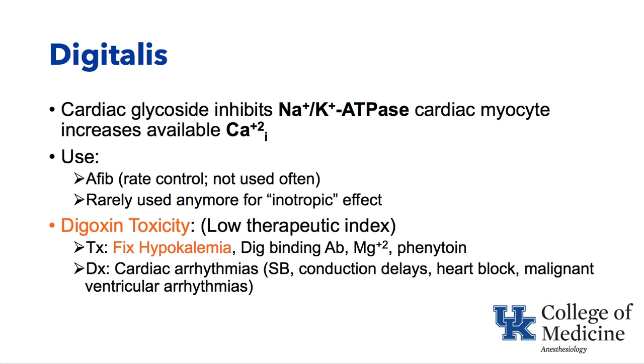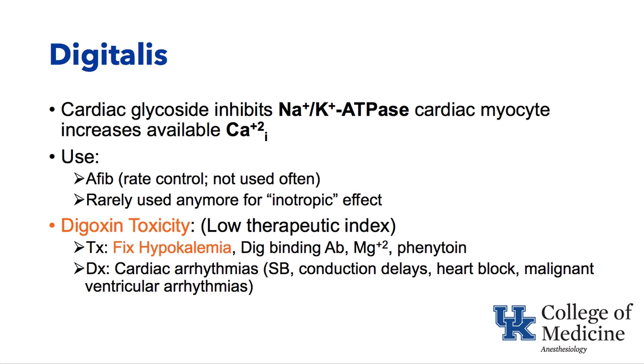However, digoxin is occasionally still used and has a low therapeutic index and is associated with toxicity, and we need to know how to treat that. The diagnosis of digitoxin or digoxin toxicity is often associated with cardiac arrhythmias. For example, sinus bradycardia, conduction delays, heart block, bad ventricular dysrhythmias.